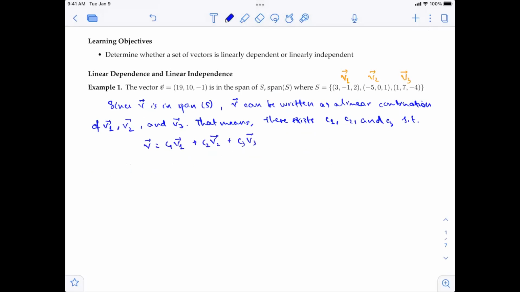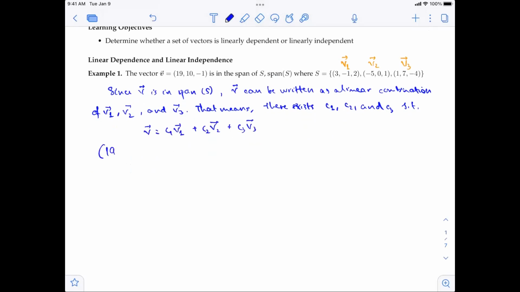You have this vector equation, and you substitute the forms of V, V1, V2, and V3 into it. You get (19, 10, -1) equals C1 times (3, -1, 2) plus C2 times (-5, 0, 1) plus C3 times (1, 7, -4).